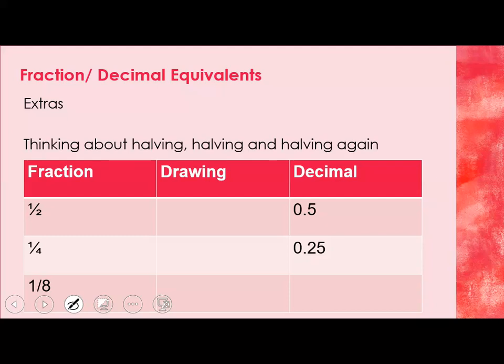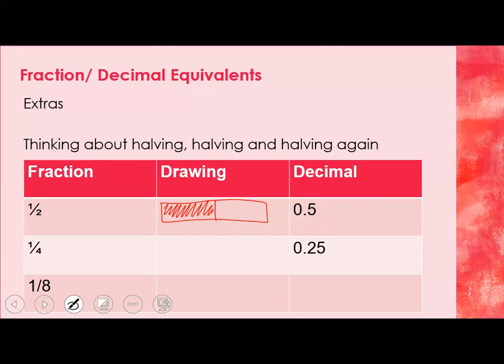Okay, so let's have a look at this table. I have the fraction 1/2, which could be represented like this, couldn't it? Here's a bar, and I've split it in half. So there's 1/2 of it. And I also know, of course, from my previous lessons, that a half is equal to 0.5.